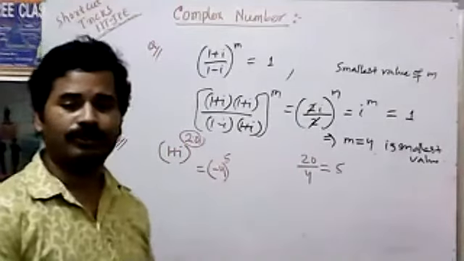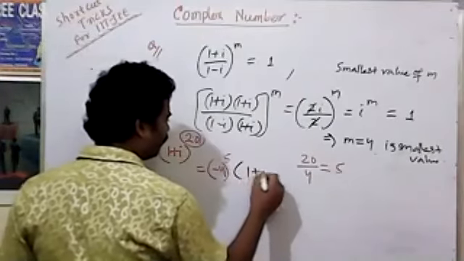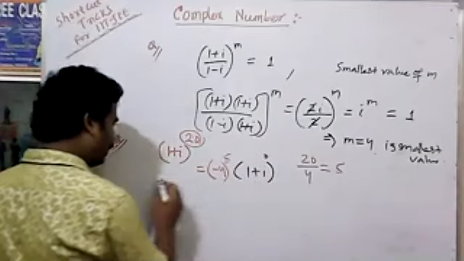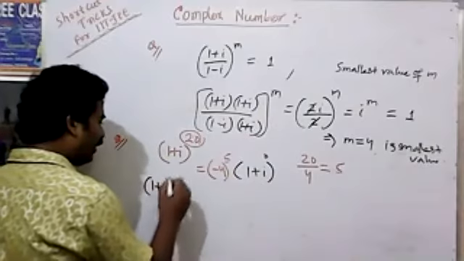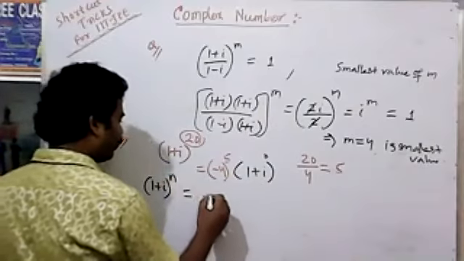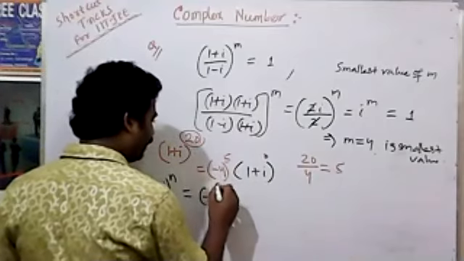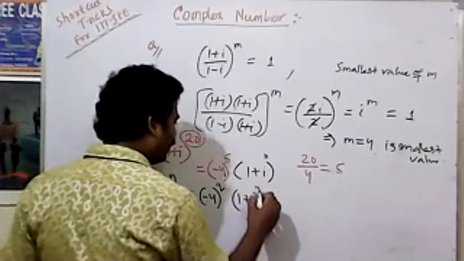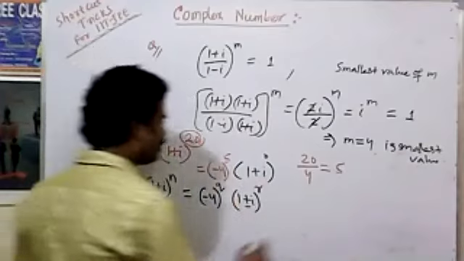There is some technique also. What is the technique? If 1 plus i to the power n is given, then minus 4 to the power of the quotient, and 1 plus i to the power of the remainder.